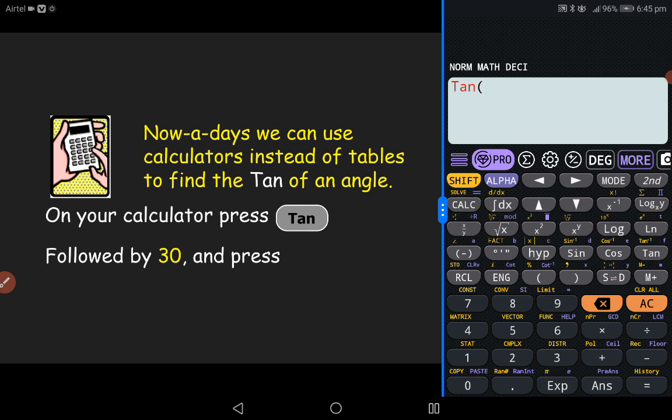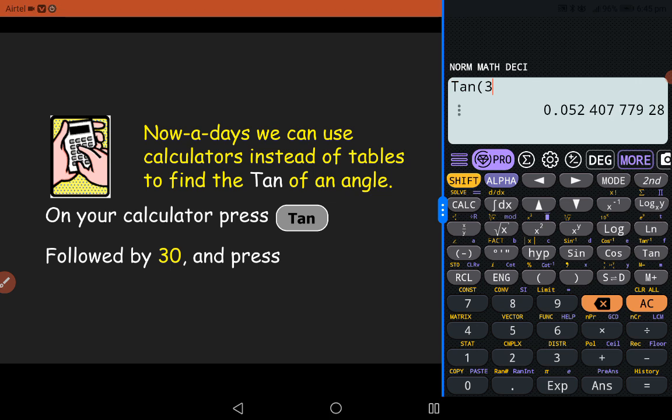So on your calculator, first of all, press tangent, like what we just did, followed by 30 degrees. You may wish to close the brackets there, no problem.